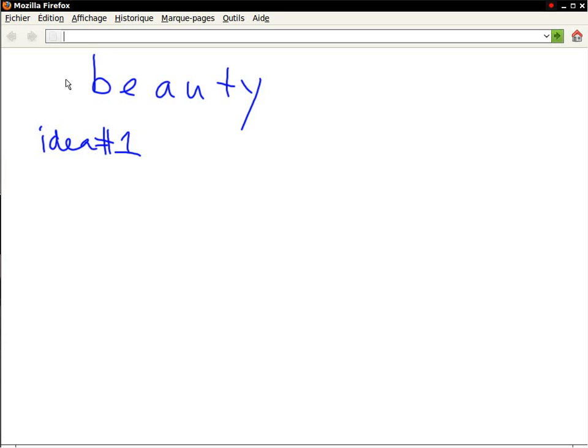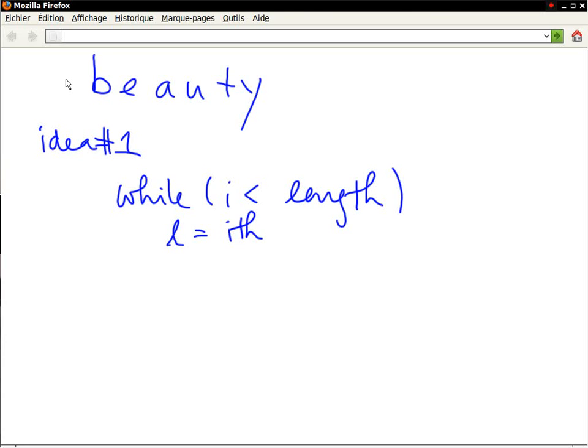So here's the first idea that several people had. They said, okay, we're going to be looking at this thing a character at a time. And so we have this index I. And now we check, is it a vowel?